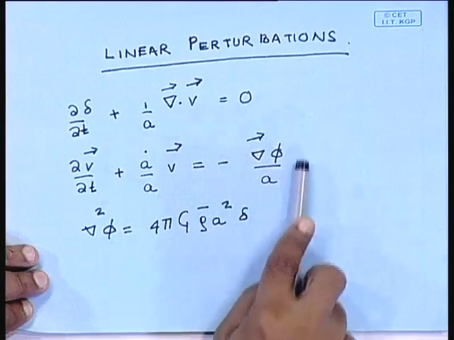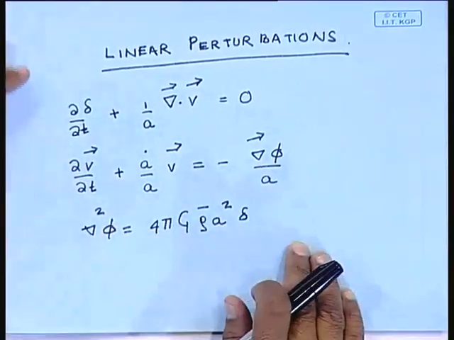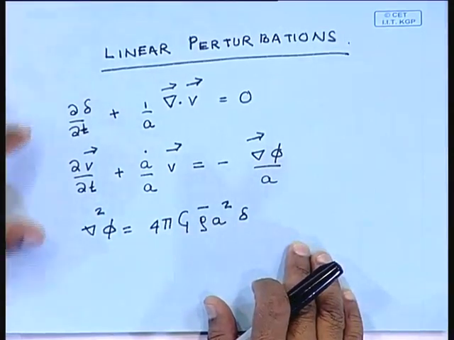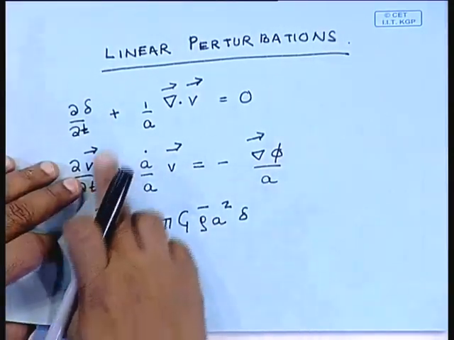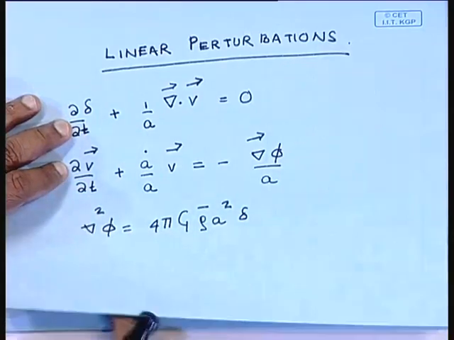So how do we proceed to solve these equations? We proceed in exactly the same way as we had done earlier. What you do is you first take the divergence of this equation. We had done the same thing earlier, right? So let us take the divergence of this equation, and in the divergence of this equation we will replace this, and we will replace this.